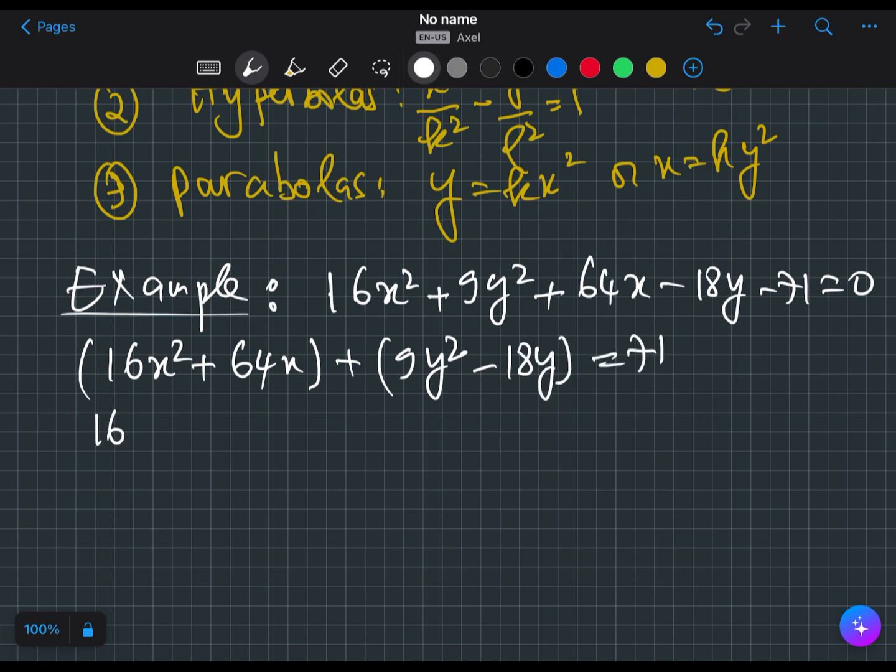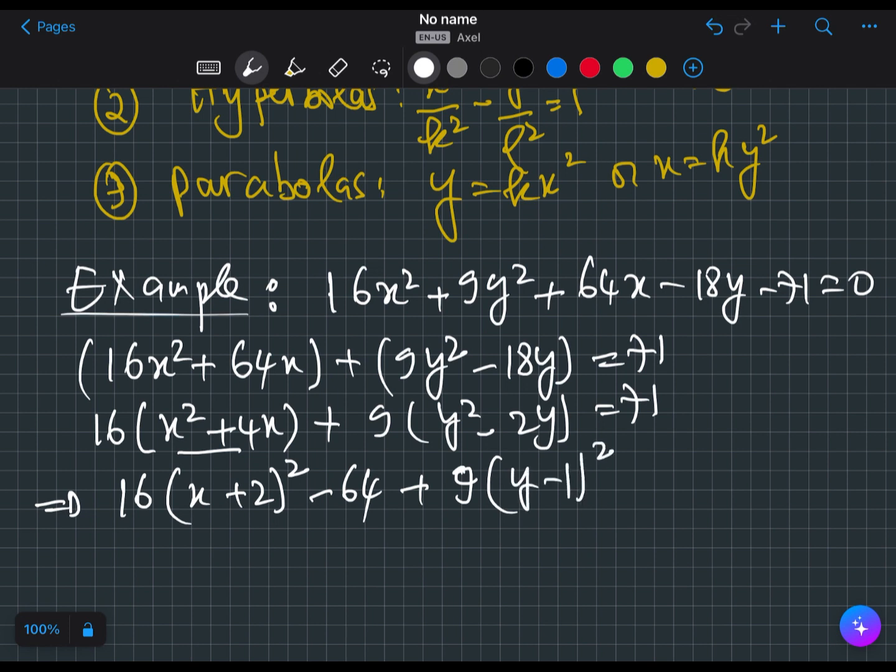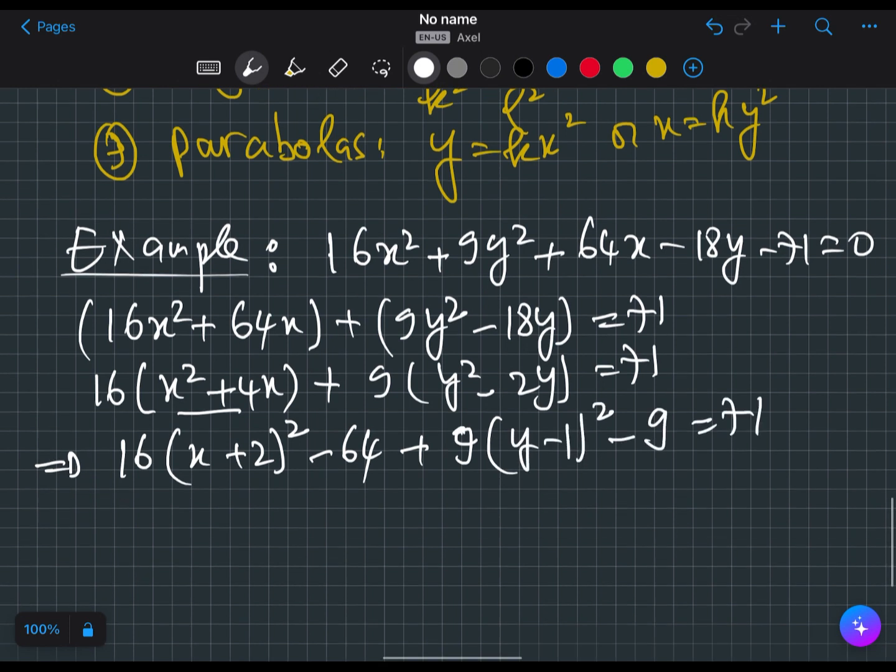From here, if I factor out 16, I have 16 times (x squared plus 4x) plus 9 times (y squared minus 2y) equals 71. If I complete the square here, I will have 16 times ((x plus 2) squared minus 4) plus 9 times ((y minus 1) squared minus 1) equals 71.